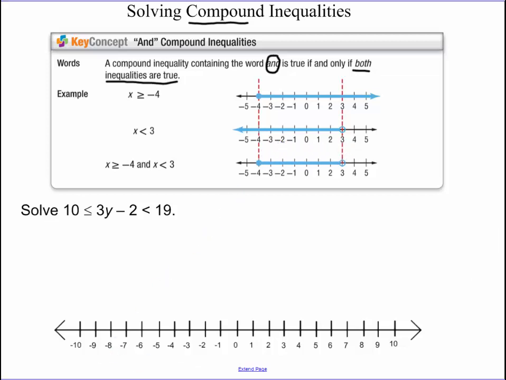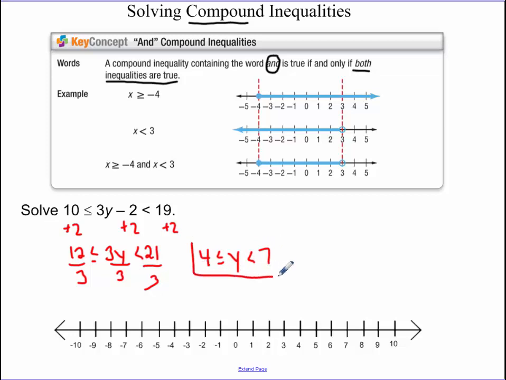Down below here, we have a compound inequality. What you can do is add 2 to every number so that I have 12 less than or equal to 3y less than 21. And then if I divide everything by 3, we get 4 less than or equal to y less than 7.